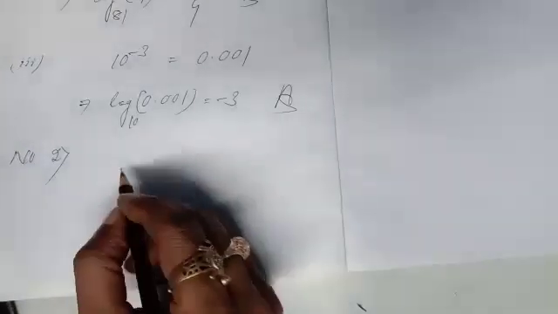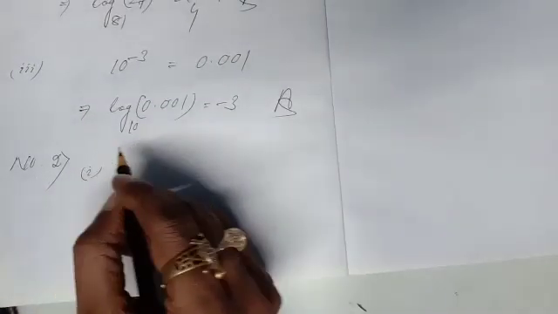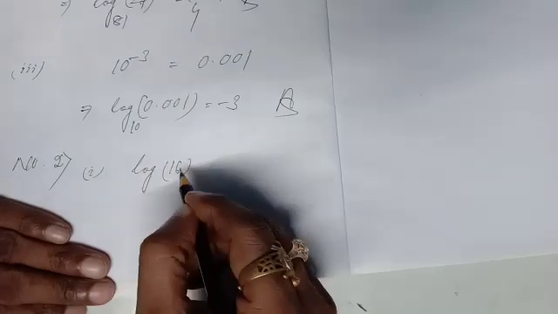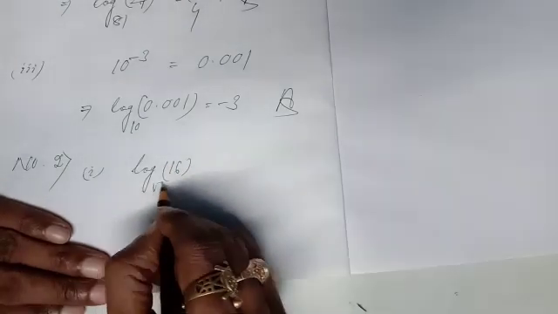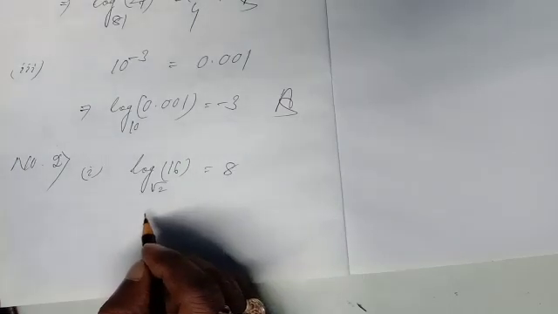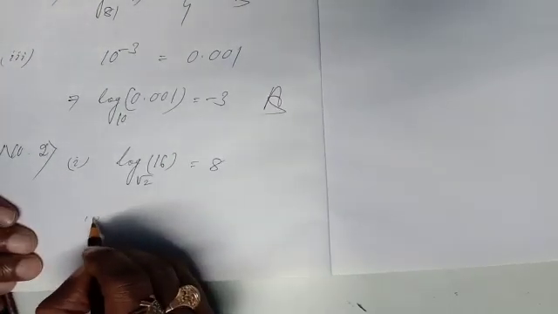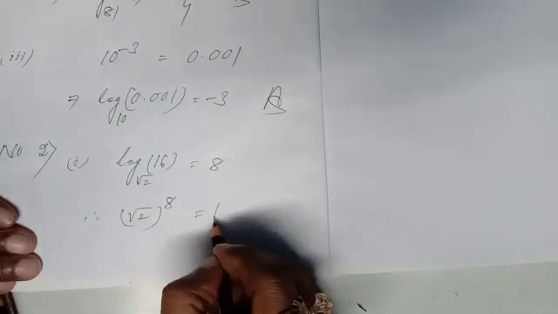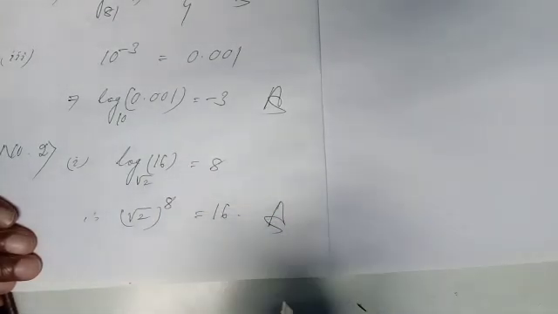Question number 2, first part given log of 16 base root 2 is equal to 8. If you convert into exponential form, the answer will be root 2 whole to the power 8 is equal to 16. Okay, this is the first part completed. Let us go to the second part.